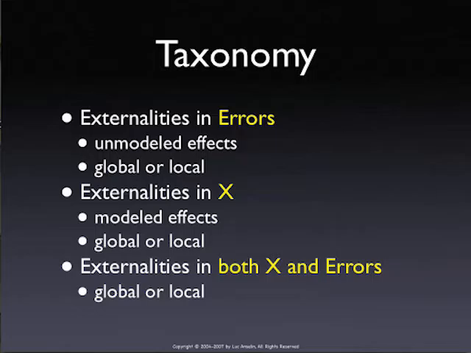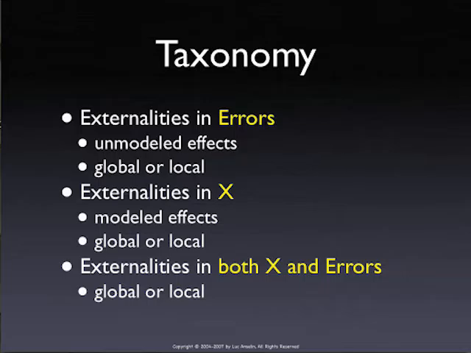Or we can look at externalities in the actual variables, the covariates, and those are the ones we're particularly interested in for policy purposes. Those are the ones we can manipulate. And then in each of these, we can have them global or local, or we can have them together. We can have both externalities in the unobservables and in the covariates, and then again, local or global.